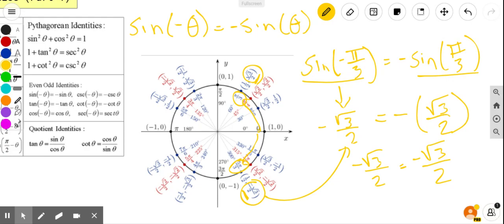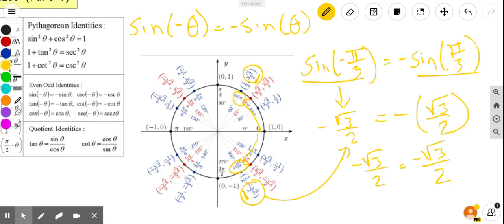So that's showing you that it works, but notice it works because of the symmetry of the unit circle. Rotating clockwise means you're rotating with a negative angle. The amount you rotate from the x-axis is the same, but the only difference is instead of going counterclockwise, you'd be going clockwise. That's what makes it negative.